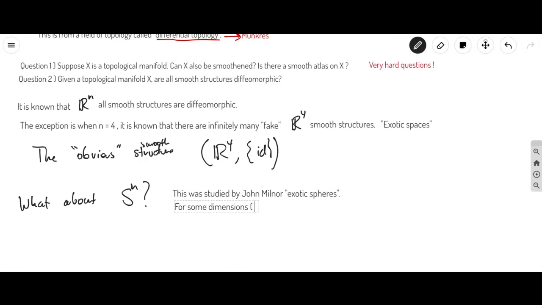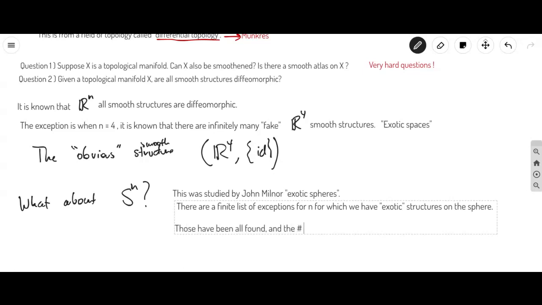There is a finite list of exceptions for n, for which we have what is known as exotic structures on the sphere. And those have all been found, and the number of smooth structures has also been determined.